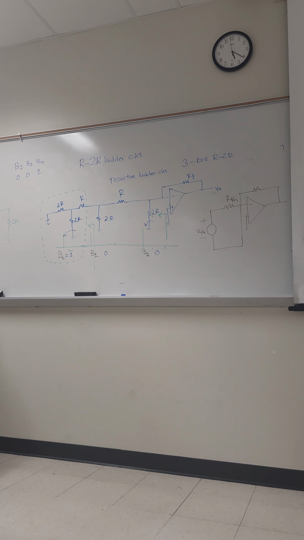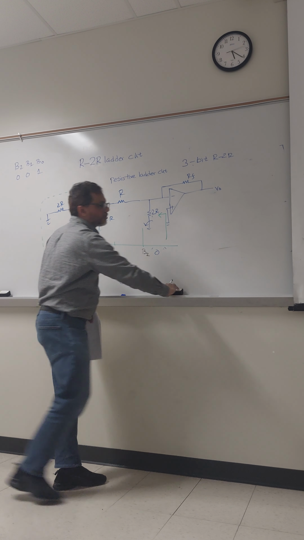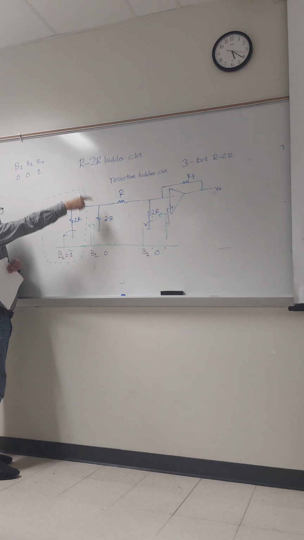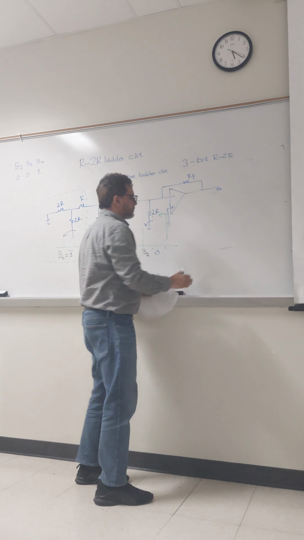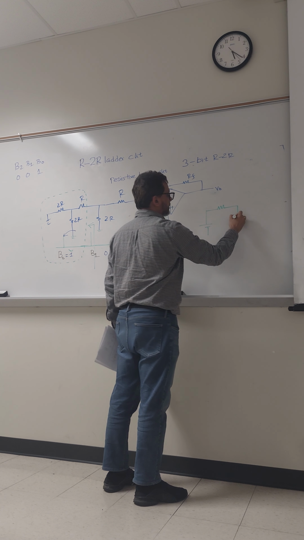Can I draw this one like this? Zara, can you see? Is it okay? Oh, we should draw that side. Let me draw here. So now we are looking only at this portion, this circled portion, okay? What is the equivalent circuit for this portion only?